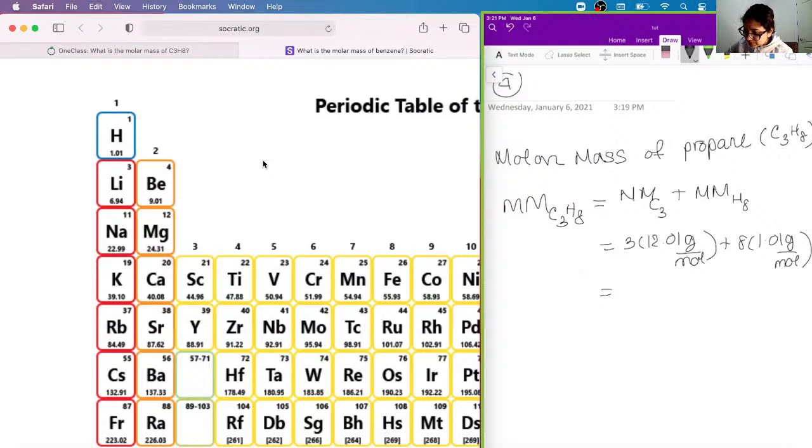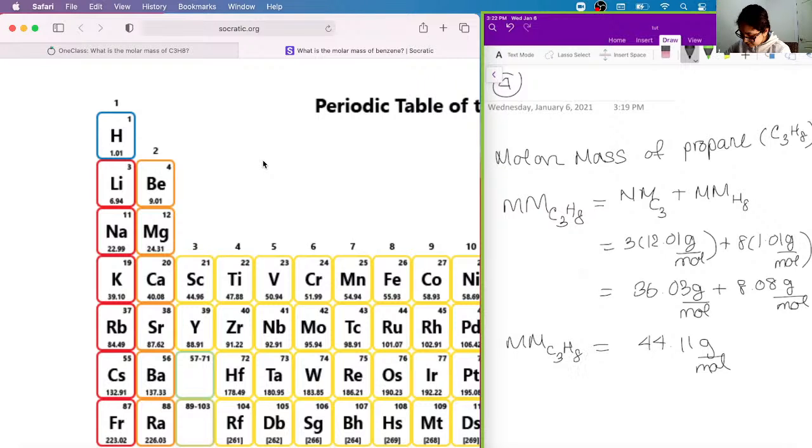Expanding this, we get 36.03 grams per mole, and you add this to 8.08 grams per mole. Lastly, you add these two numbers and you get 44.11 grams per mole. Okay, so the molar mass of propane, C3H8, is 44.11 grams per mole.